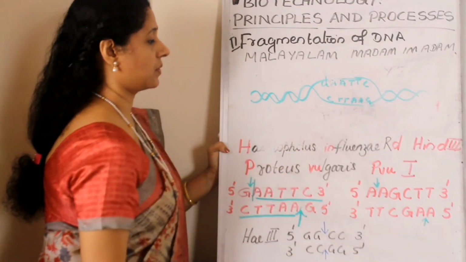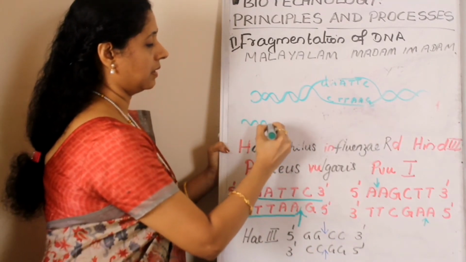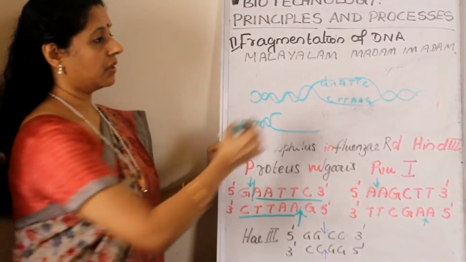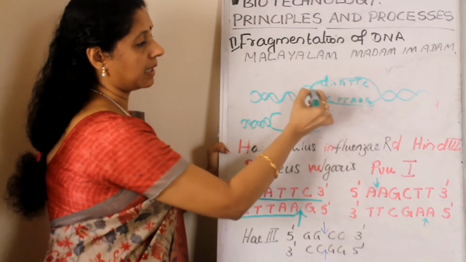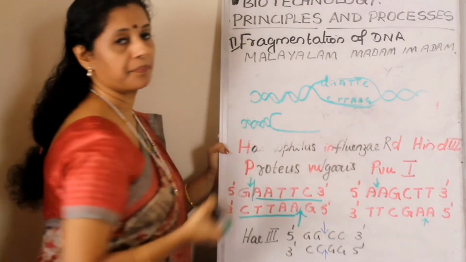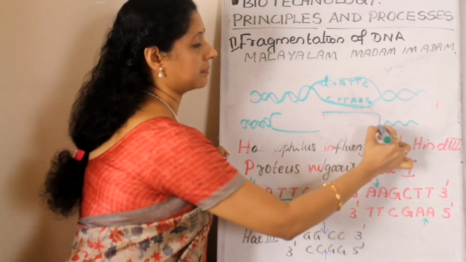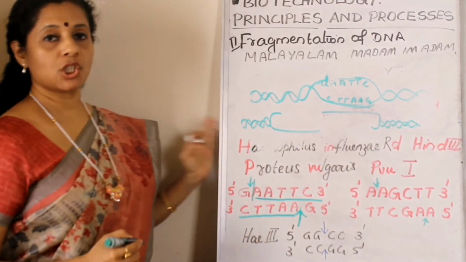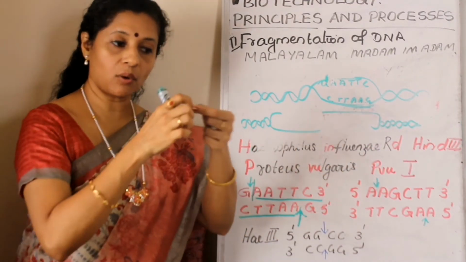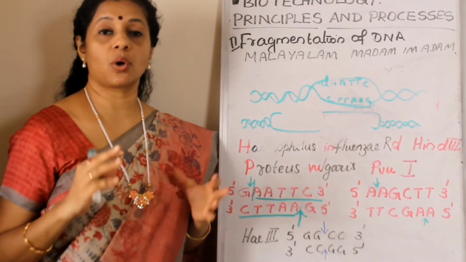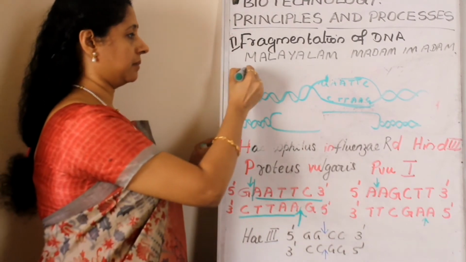Here it is cut off. One half will be like this, up to this cut, but this end is stretchy. Whereas the other one we will get like this. In both of these, there is an overhanging stretch of sequence. They are called staggered ends or sticky ends.